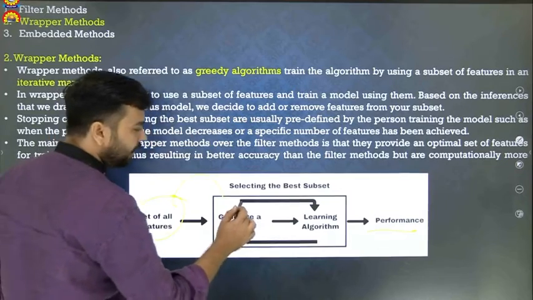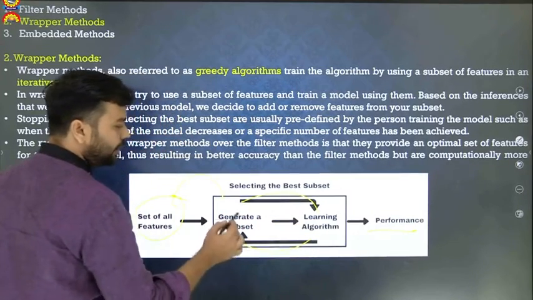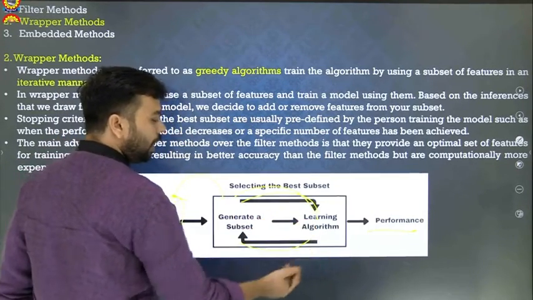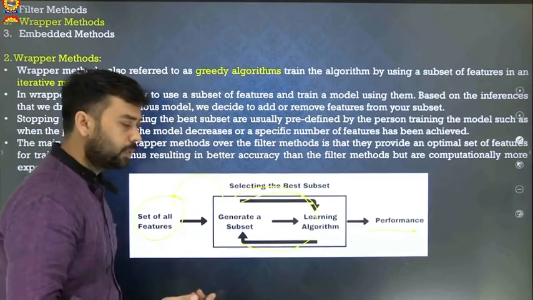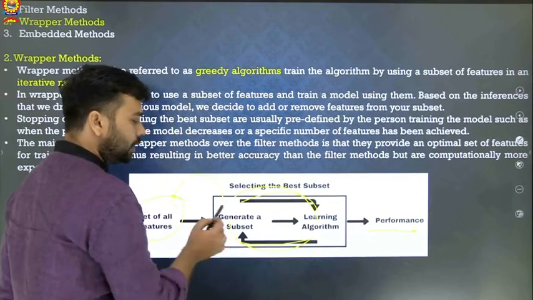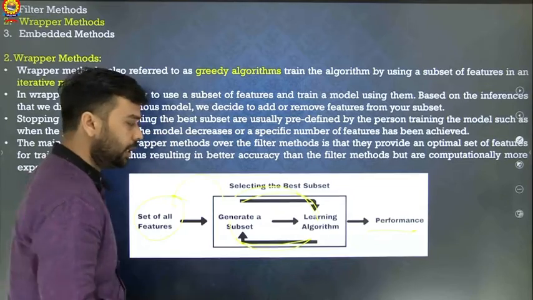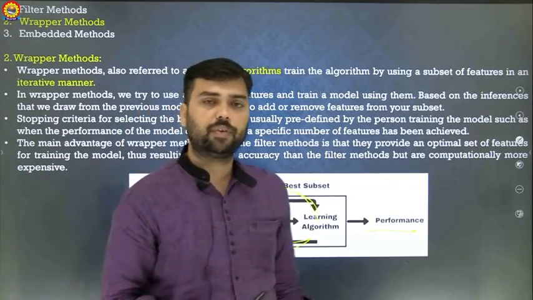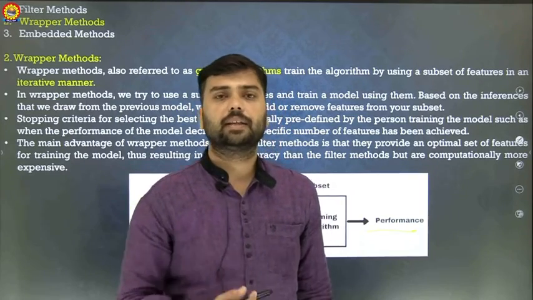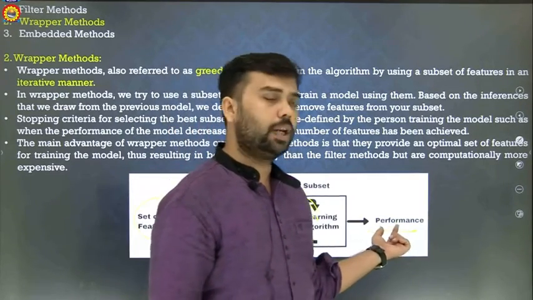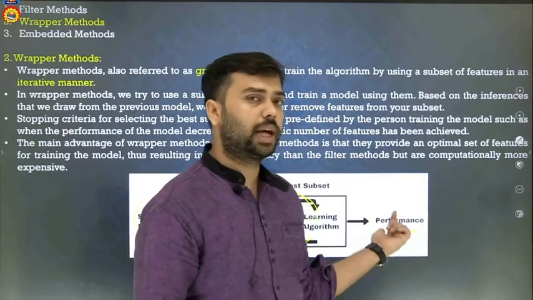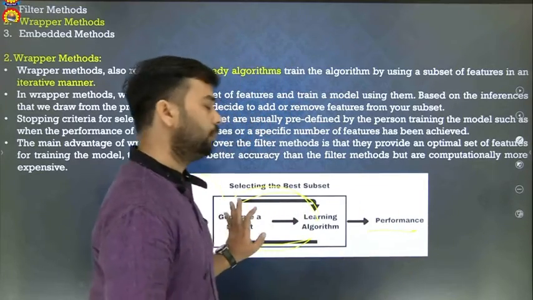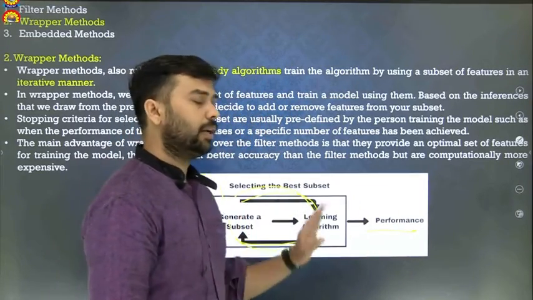We iteratively apply it to the learning algorithm, and the learning algorithm learns, and then we again generate the next subset and apply it to the algorithm. We iterate until we get optimal target value performance. If we achieve good performance, then we stop the iteration.